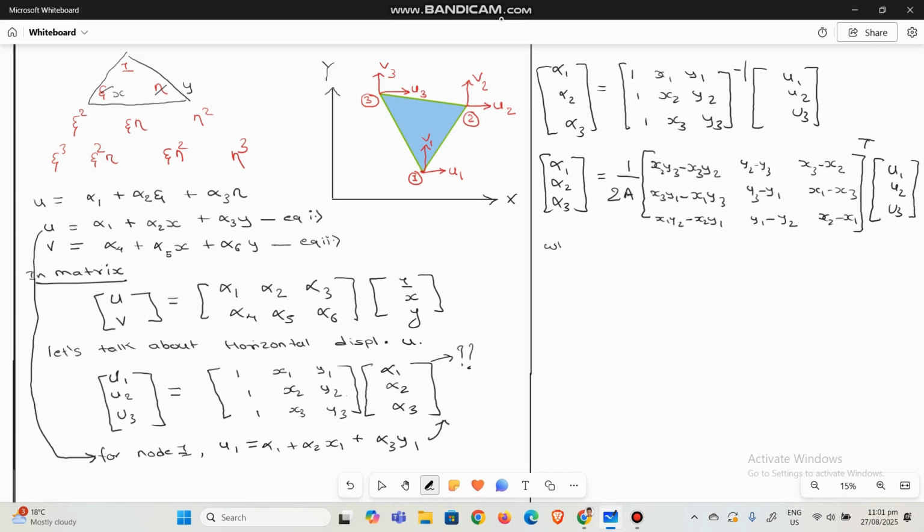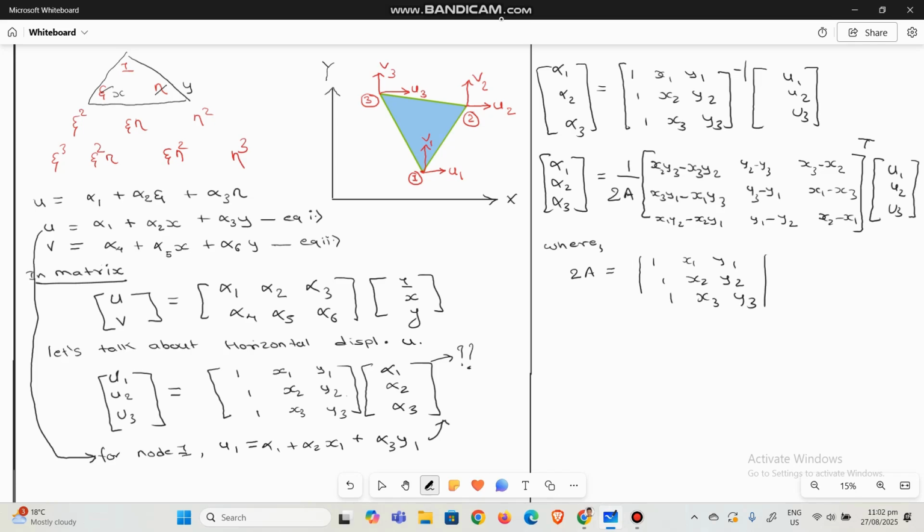Where 2A, what is 2A? It is just the determinant of this matrix whose inverse we have to find. So it is just the determinant of 1 x1 y1, 1 x2 y2, 1 x3 y3.